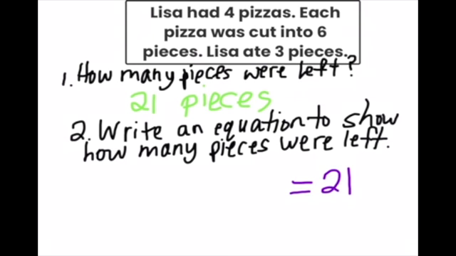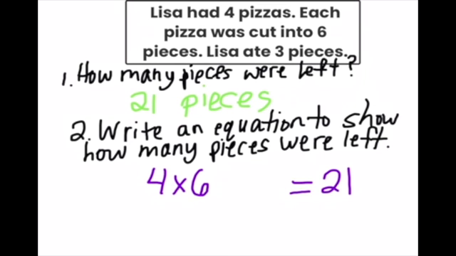But what did we do to get to 21? Well, I know that we drew 4 pizzas and each pizza had 6 pieces. So 4 pizzas each had 6 pieces is the same as saying 4 times 6. And we know 4 times 6, if I counted by 4s or by 6s, or if I just know the fact, is 24.